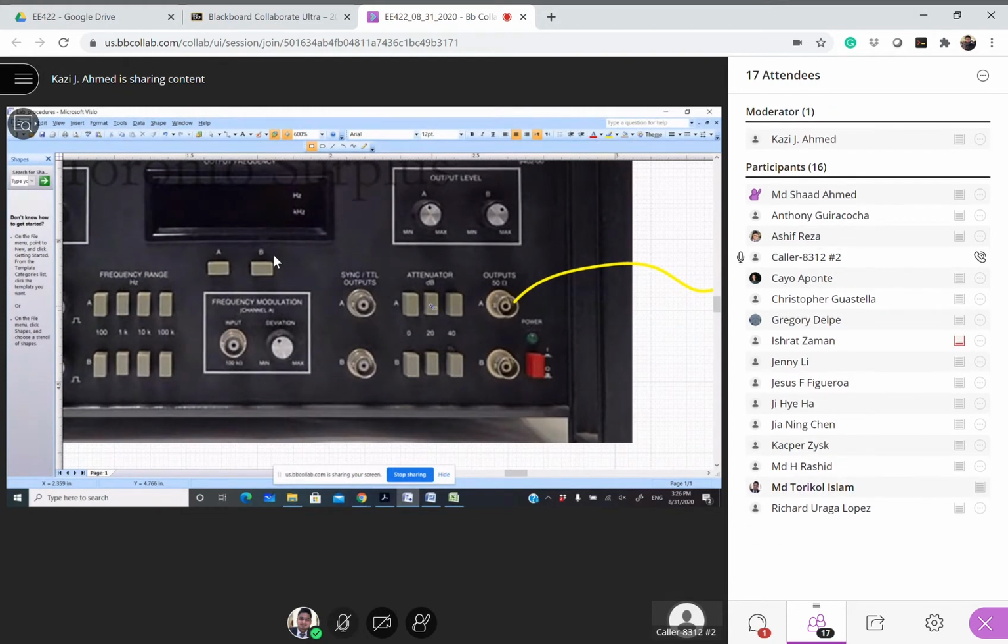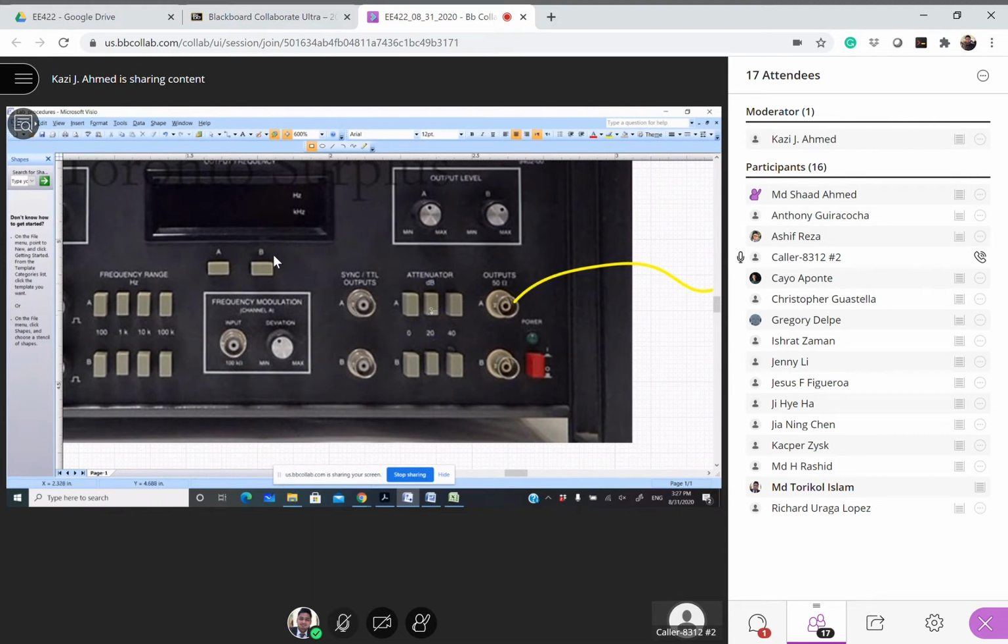In an actual lab, when this knob goes to minimum, the lowest amplitude you can get is still more than 1 volt. So you have to use one of these buttons, mostly the second one. As you see, the first one is called 0 dB, meaning no attenuation.